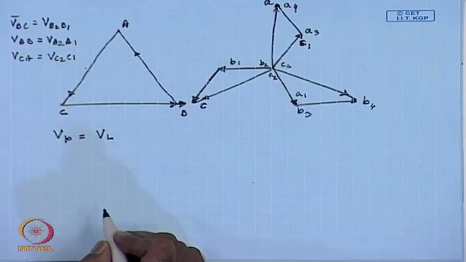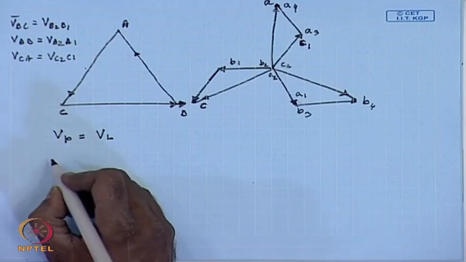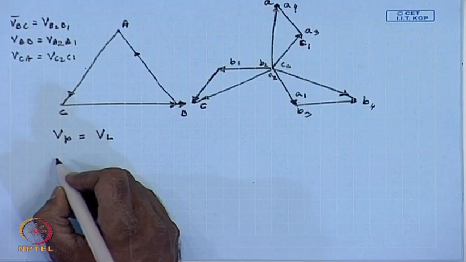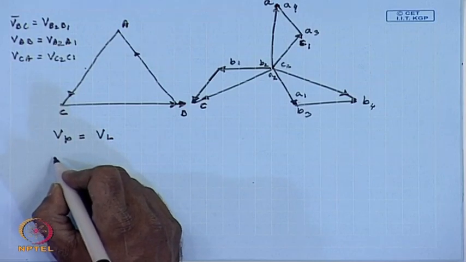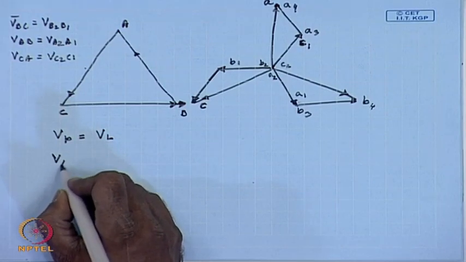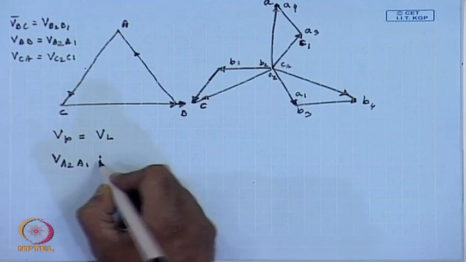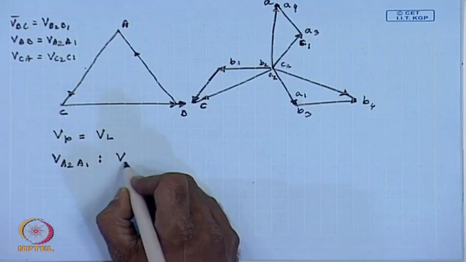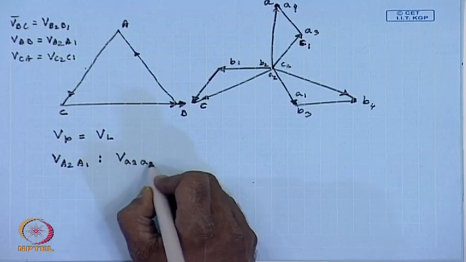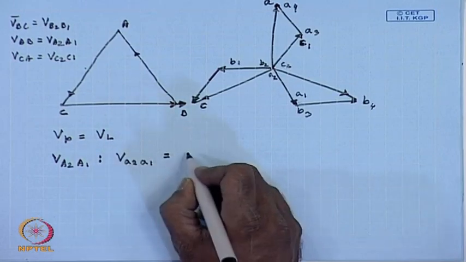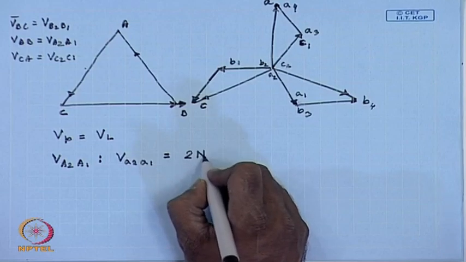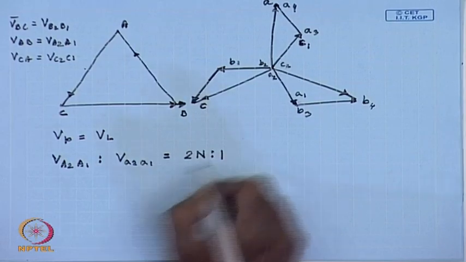Also, on the secondary side, let us say V A2 A1 is to V small a2 small a1 equal to 2n is to 1.